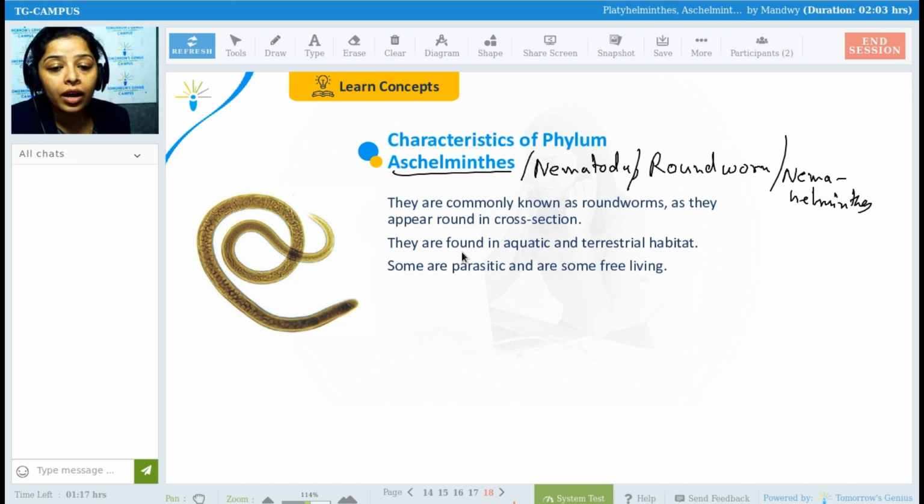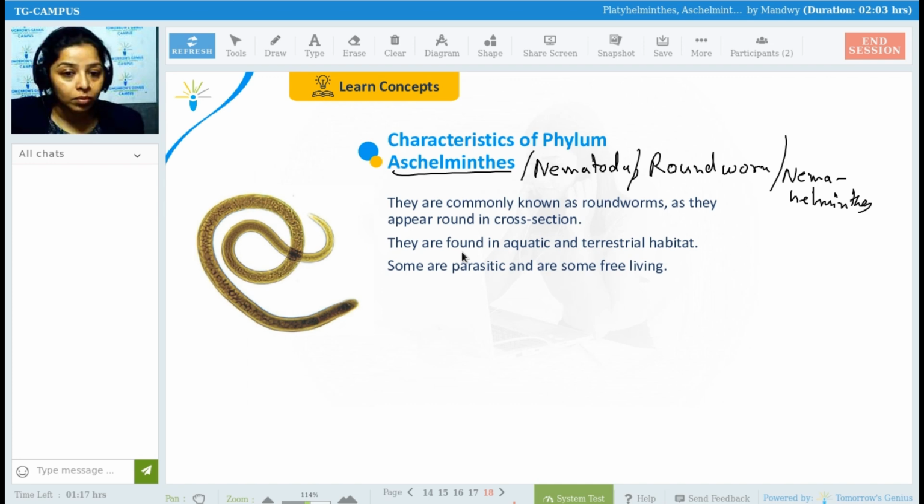As they are round in shape, it is called roundworm. If you cut the body of this phylum, you will find they have a circular cross section, right? And so it is a roundworm. They have the ability to form an S-like structure, cyst-like structure.